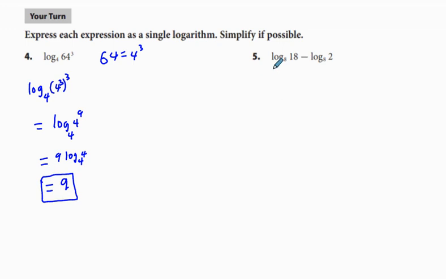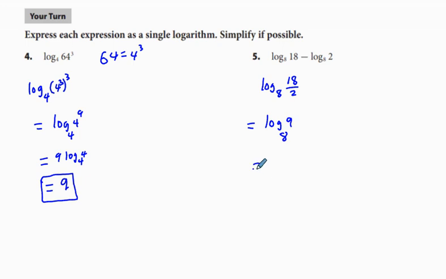And then for 5, it starts out with log base 8 of 18 minus log base 8 of 2. So we could combine these in a single logarithm, log base 8 of 18 over 2, and that's going to be equal to log base 8 of 9.